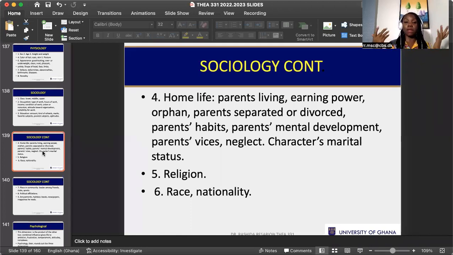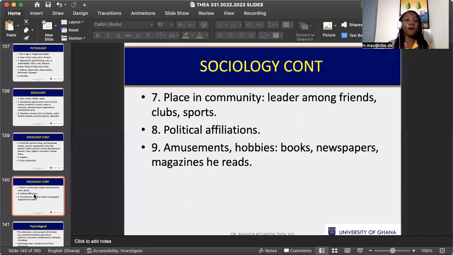And whether the character is married or not, the person's religion, nationality, all of these form parts of the person's sociology. Hobbies, political affiliations, the person's place within the family, the society, whether the person belongs to certain clubs, all of these are parts of who we are sociologically.